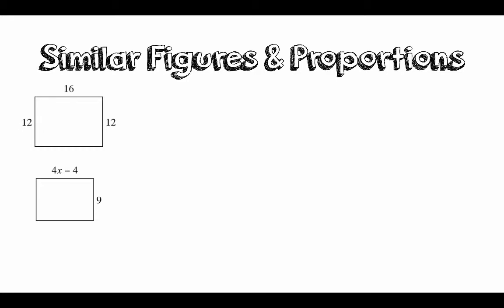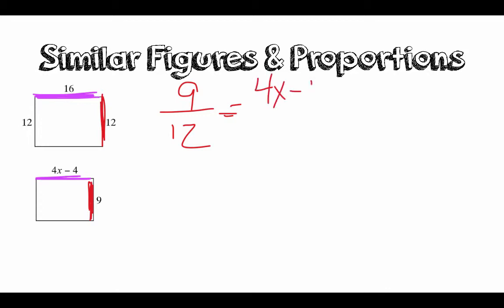All right, this next one, we have to do the similar idea. So we want to make sure we're solving for x, so we need to do that. All right, highlight purple, and then highlight the red for this, and write them down. 9 over 12, you'll notice I kind of flipped how I'm doing it, equals 4x minus 4 over 16. So when I times 16, 9 times 16 gives me 144.